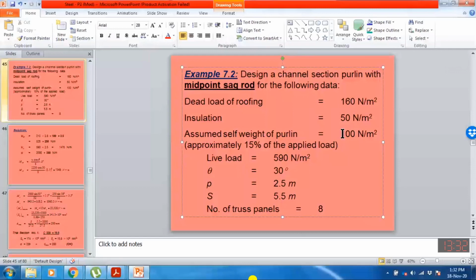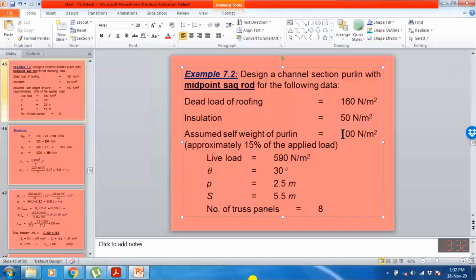So this is the areal load. If you don't want to convert it into the UDL load, you can convert the actual weight into the distributed load. So the self weight check is also satisfied.